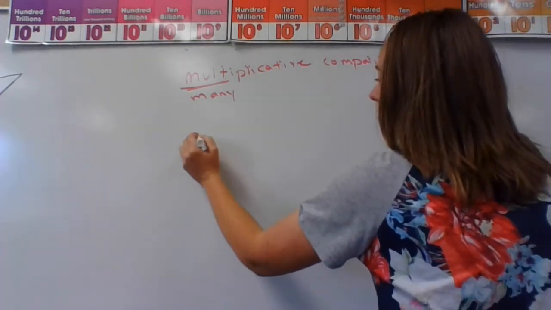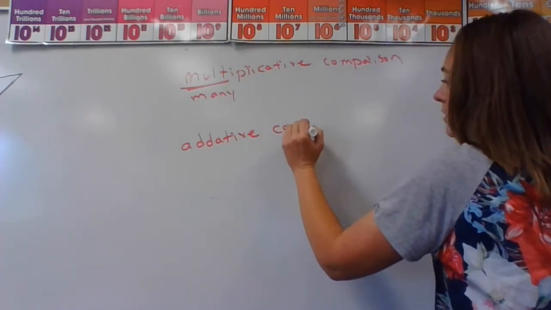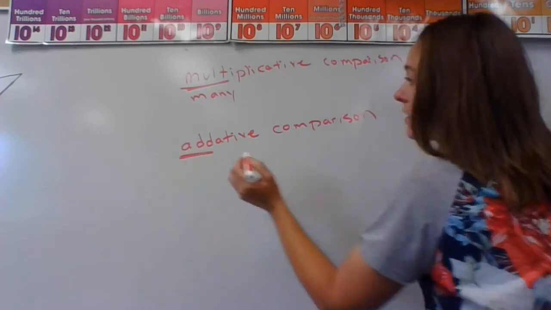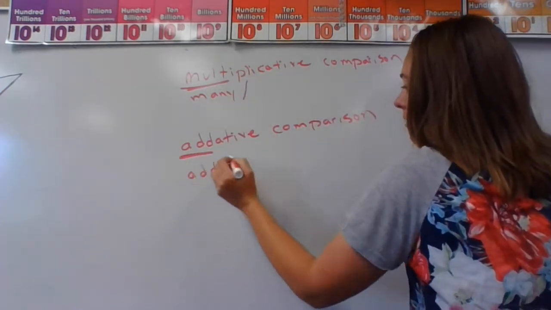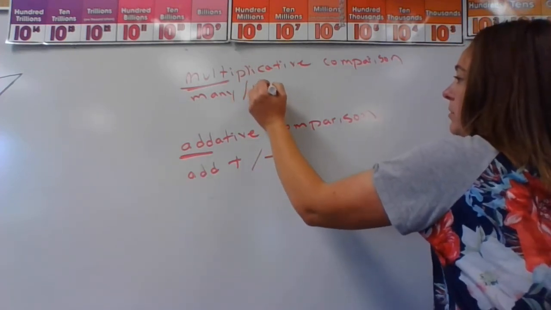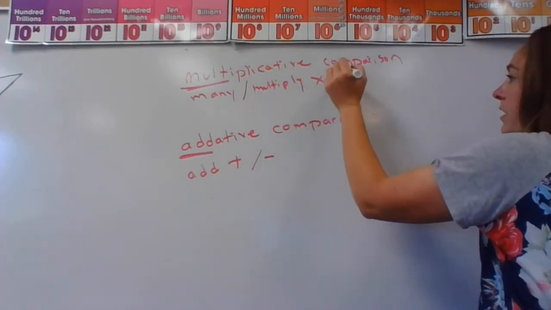And additive comparison has the word "add" in it, which means you're going to be adding or subtracting, and "multi," which means multiply, means you're going to be multiplying or dividing.